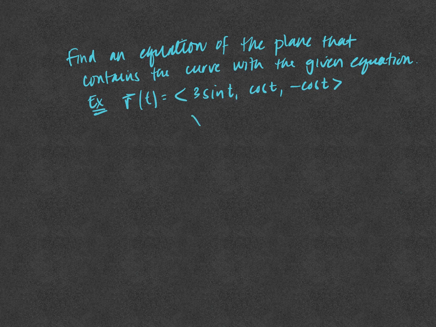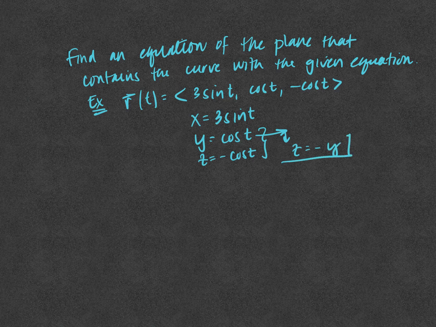Let's say that x equals 3 sine t, y equals cosine t, and z equals negative cosine t. If you look at these two here, since y equals cosine t, we can use that down here and say that z equals negative y. And this is a plane because it contains two of them. So that is the plane that contains the given equation.